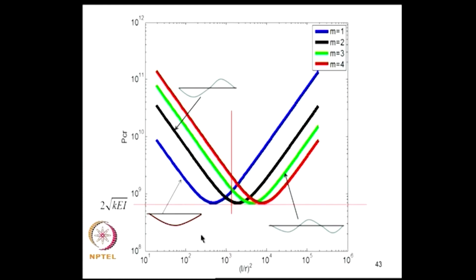If your L by R ratio is somewhere here, then the lowest critical value corresponds to m equal to 1. But on the other hand, if L by R ratio is somewhere here, you see that the black curve, m equal to 2, will be the lowest critical value. The next one will be m equal to 2 and 3, which seem to have the same value. So this is something that is special to beams on elastic foundation.